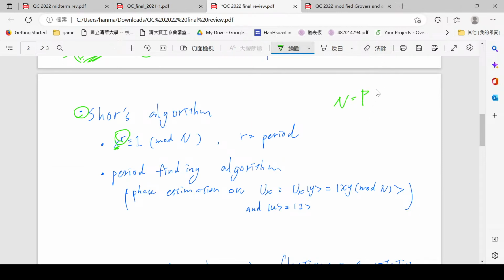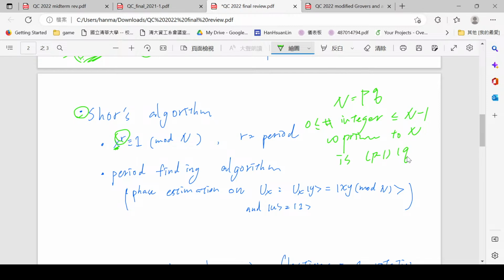If n equals pq, the number of integers between 0 and n-1 that are co-prime to n form a multiplication group, and the size of this group is (p-1) times (q-1).